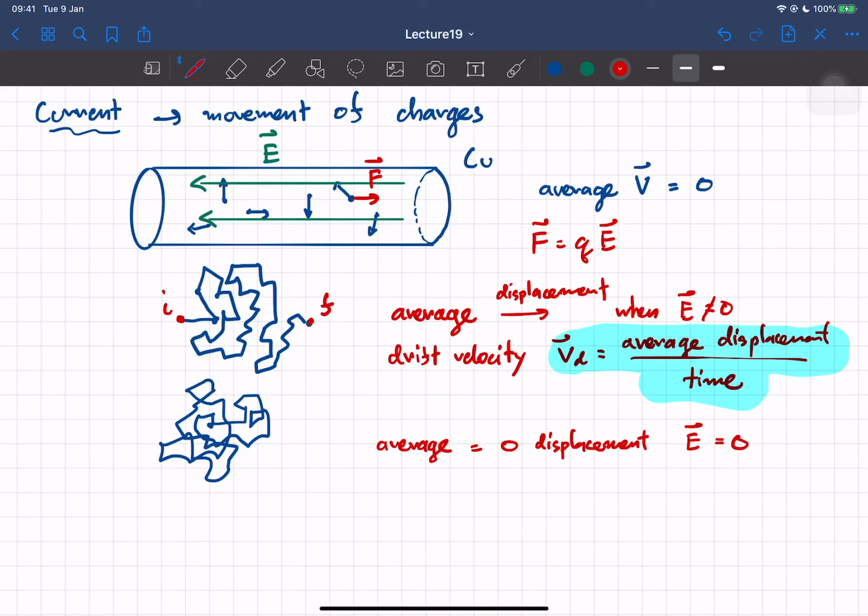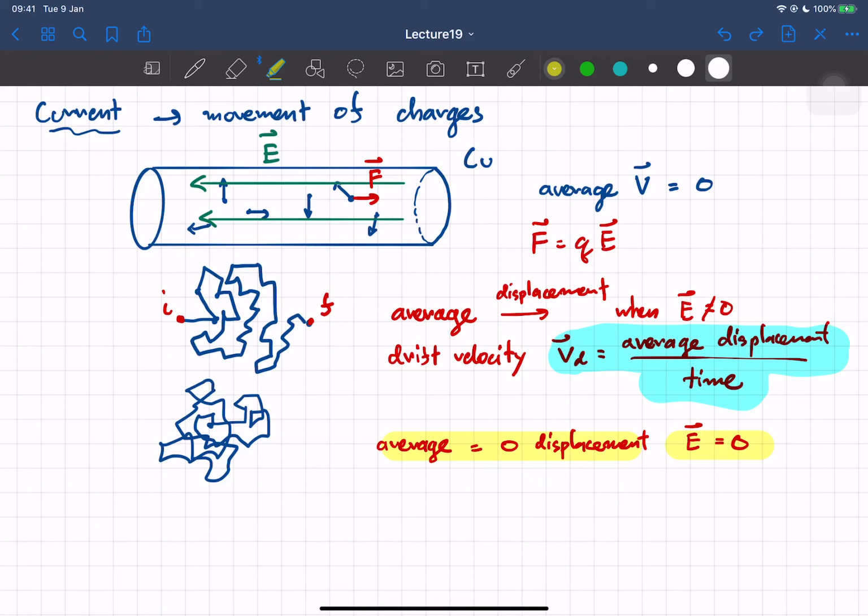What I mean is this. When you have no electric field, like in this case, the electric field is zero, the average displacement of the electron is zero because it moves randomly and in the end it's just like not moving, right? Because it goes to the right and then to the left and then up and then down. So on average, the electron is not moving at all.